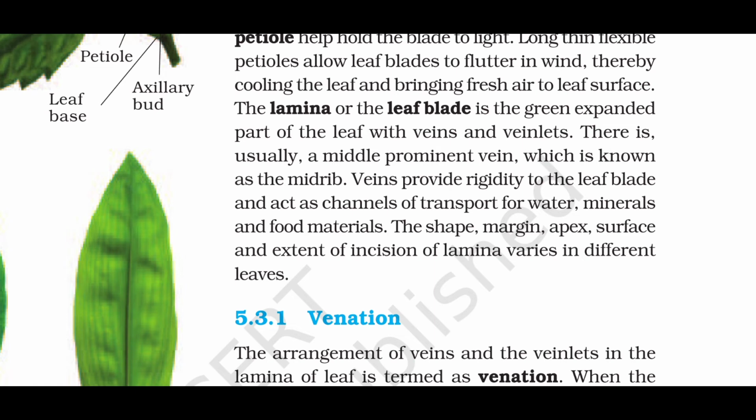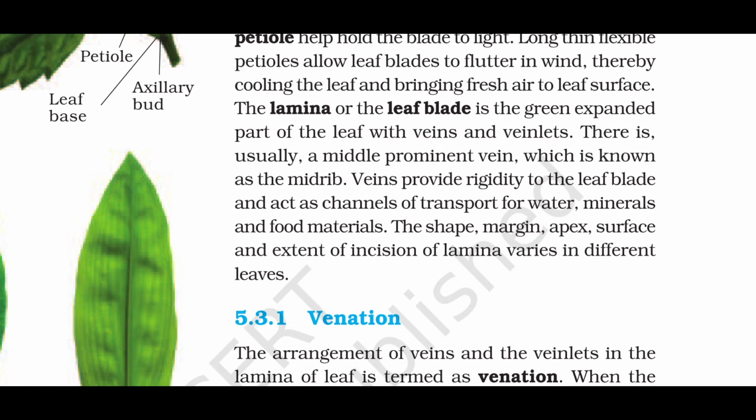There is usually a middle prominent vein which is known as the midrib. Veins provide rigidity to the leaf blade and act as channels of transport of water, minerals, and food materials. The shape, margin, apex, surface, and extent of incisions of lamina vary in different leaves.